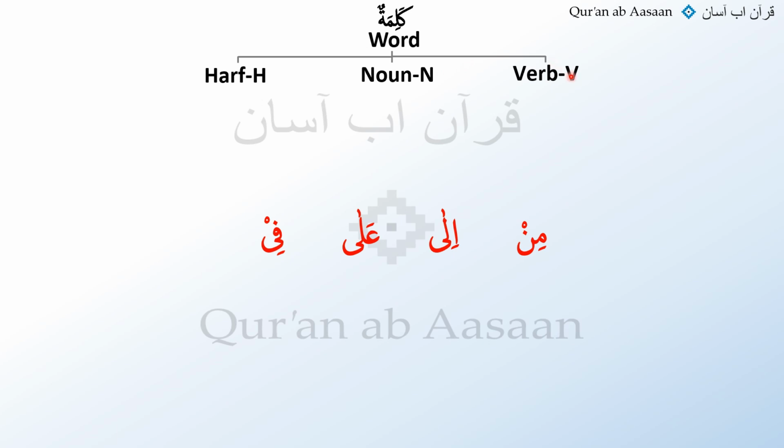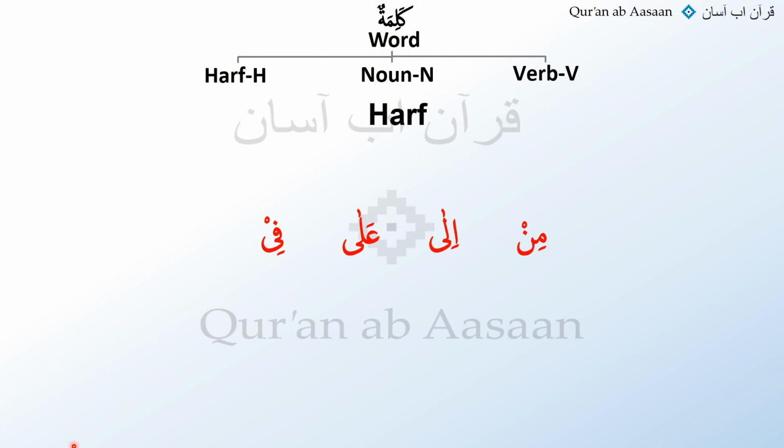What could be the next best option? Could they be verbs? There should be a logical sequence. We are just going to eliminate the options first. We have eliminated the noun. We can eliminate the verb as well because we know that verbs begin with ya and ta, and the verbs show action with time. Yes, they are harf.